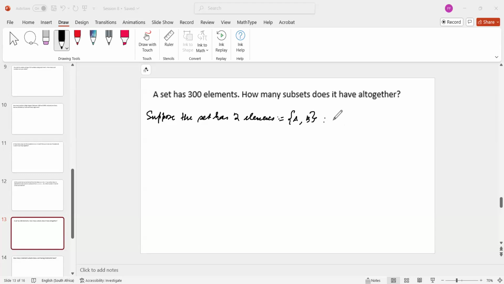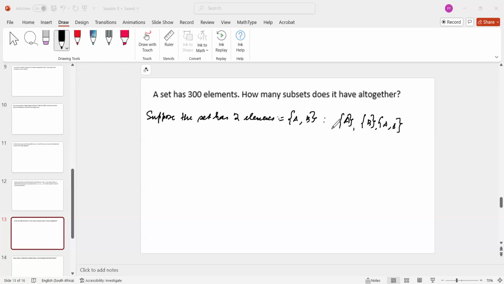The subsets are smaller versions of the same set. You just take some elements from the set and make a new set. So you could have just taking the subset which consists only of A, or the subset which consists of only B, or you can have a subset where you got both A and B.